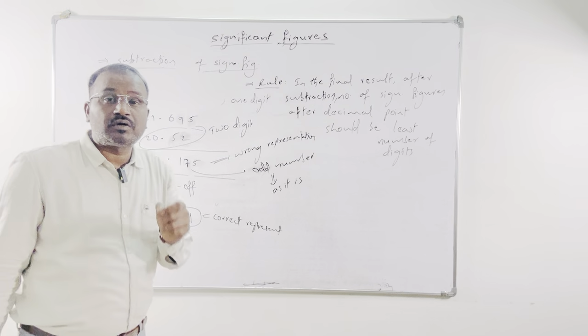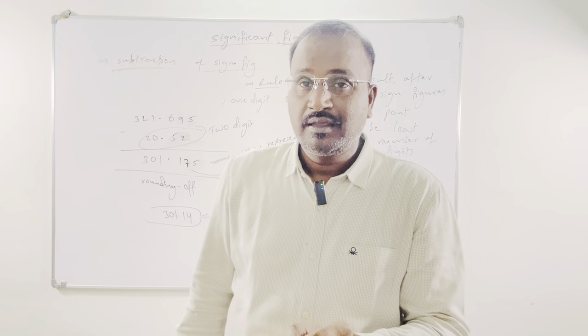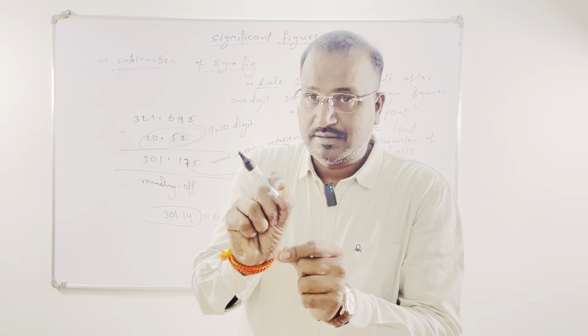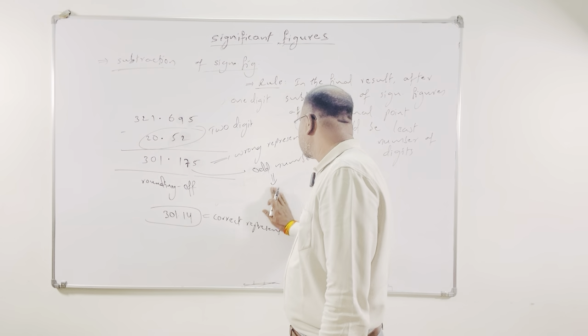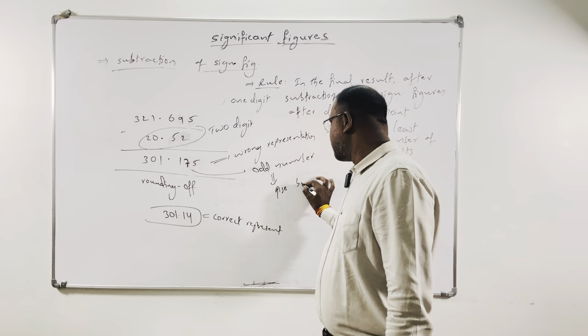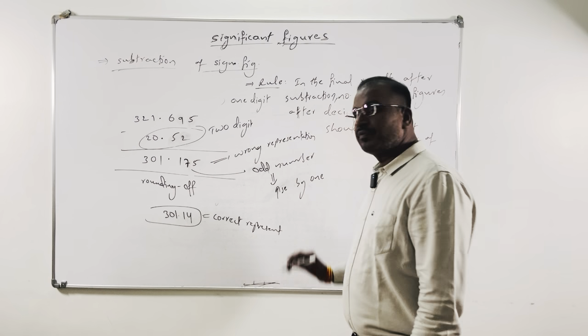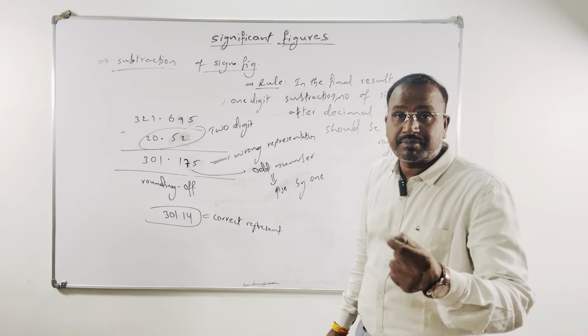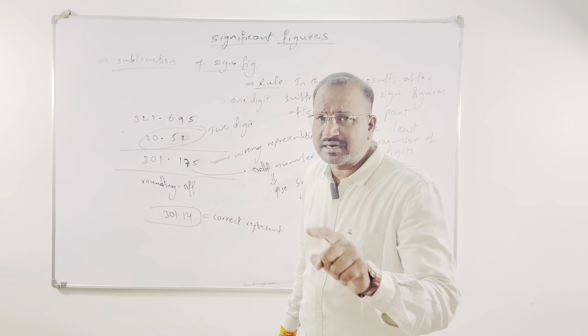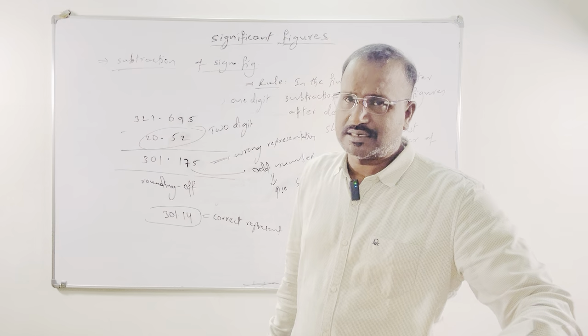If you want to round off the 5, and the digit before that 5 is odd, we have to increase the number by 1. If an odd number is there, increase it; if an even number is there, that number should be as it is.